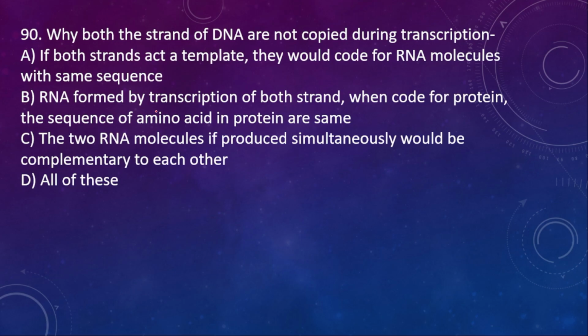B, RNA formed by transcription of both strands, when code for protein, the sequence of the amino acid in protein are same. And then C, the two RNA molecules, if produced simultaneously, would be complementary to each other. So here the right option is C, they would be complementary to each other.